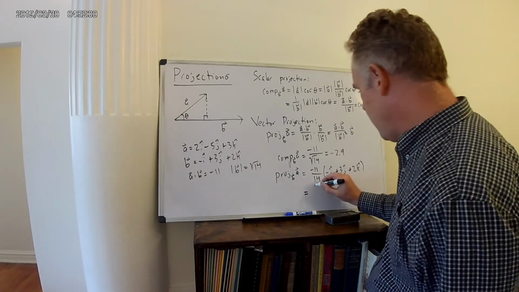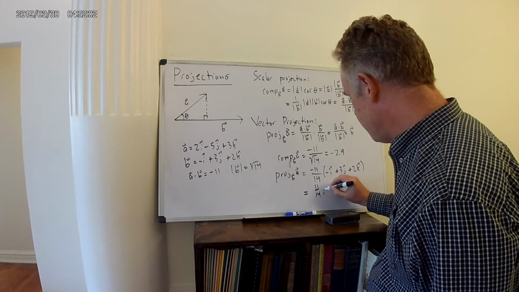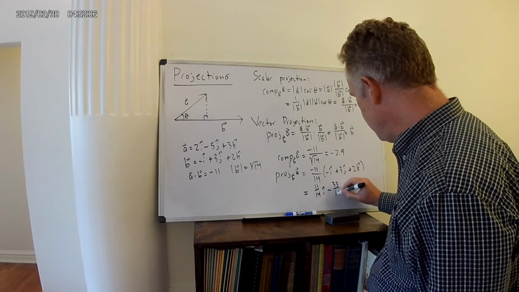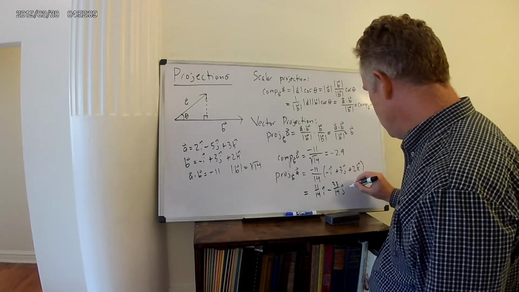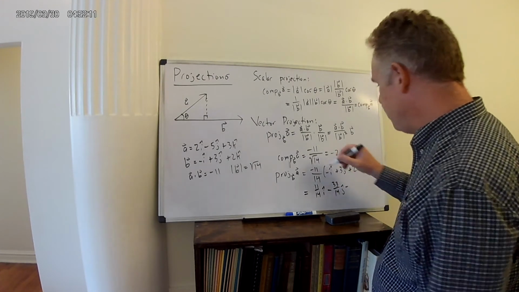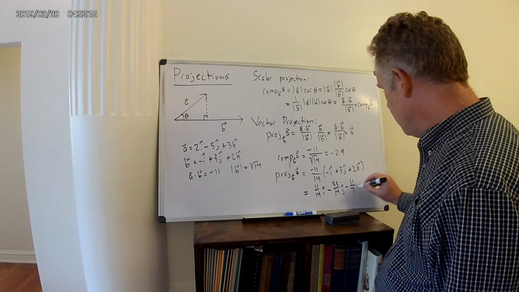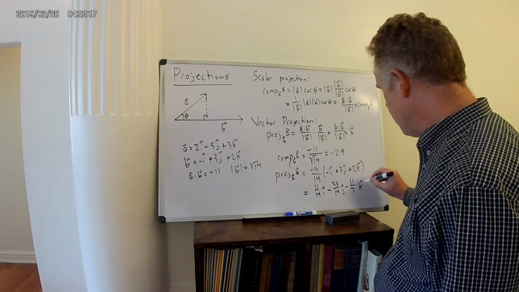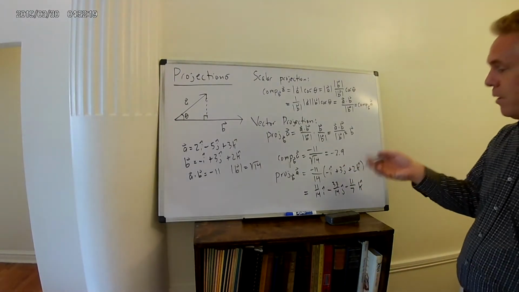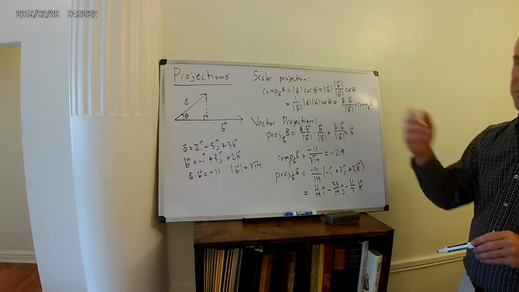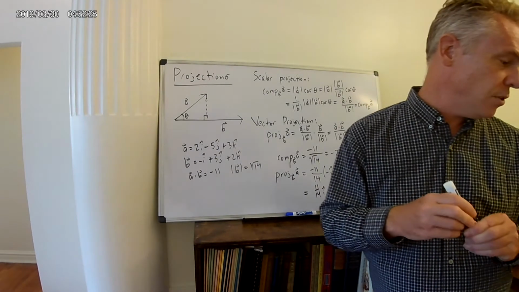If we do that, we get 11 fourteenths times i hat minus 33 fourteenths times j hat minus 22 fourteenths, which reduced is 11 sevenths times k hat. So this is the vector projection of vector A onto B. And again, this has some important applications in the physical sciences.